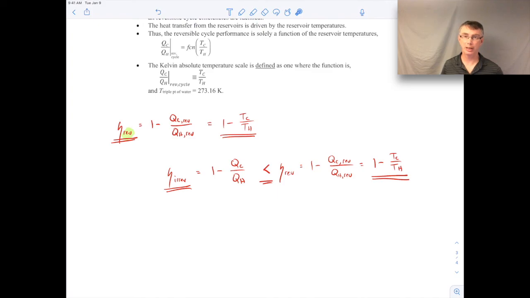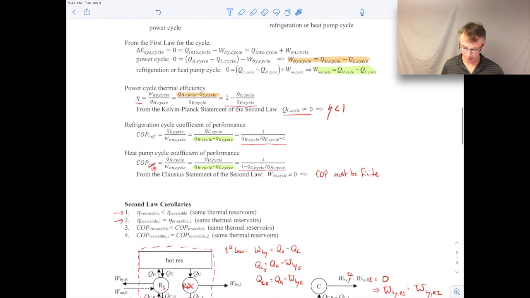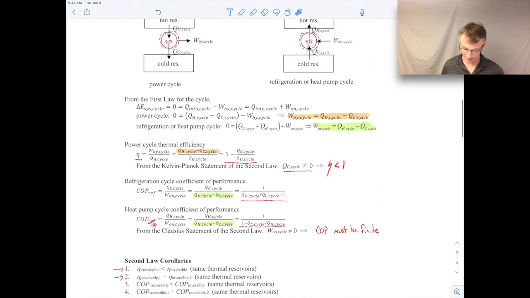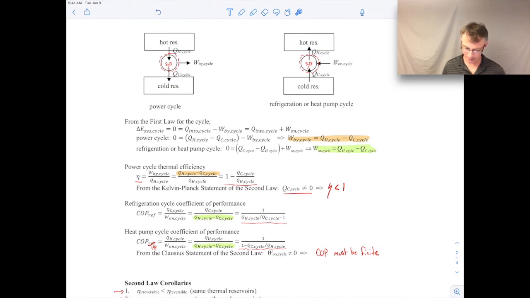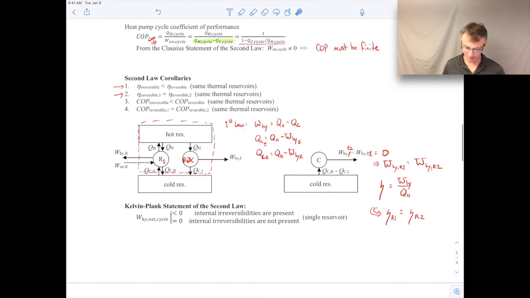So just to quickly recap, we reviewed some basic analysis for power cycles, refrigeration, and heat pump cycles, just to show how we calculate the thermal efficiency in terms of the heat transfers, same with the coefficients of performance. We talked about the second law corollaries, and I proved a couple of them using some very simple pictures and basic arguments.